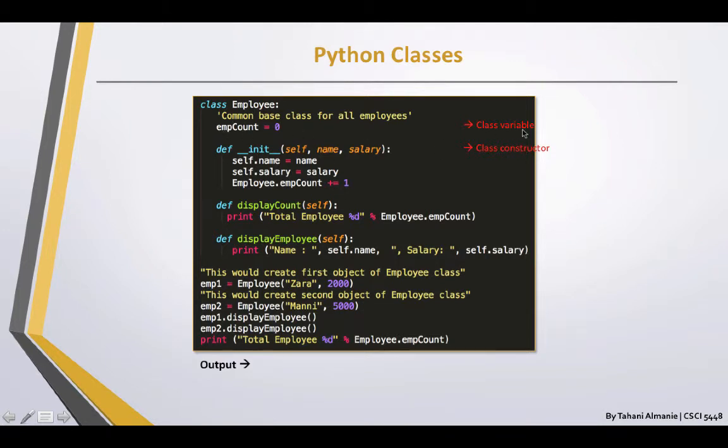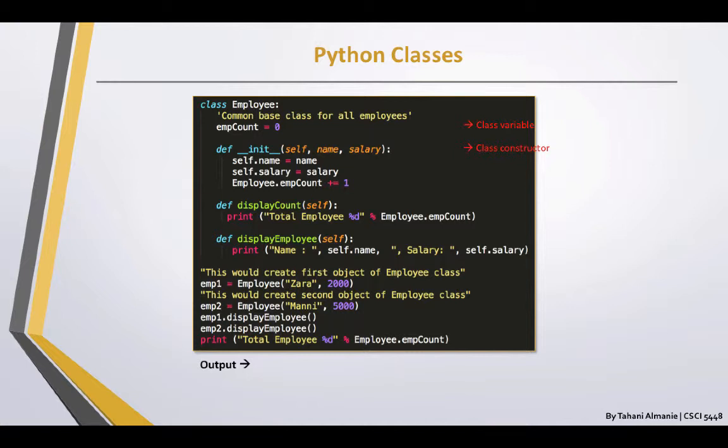Count is a class variable whose value is shared among all instances of this class. It's similar to the static variable in Java. So to access this class variable, you use the class name, Employee.empCount, from inside the class or outside the class.